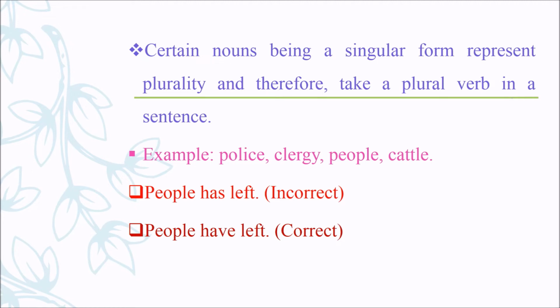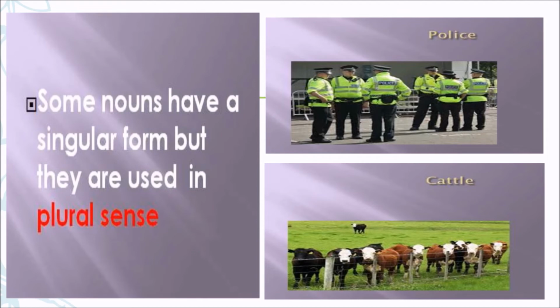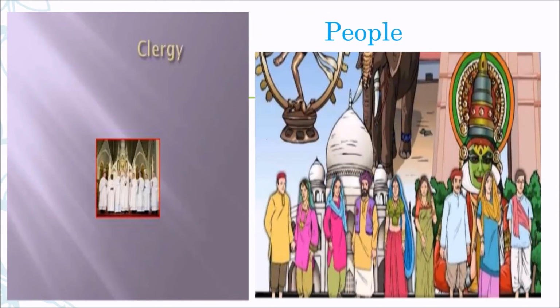Let's see the first sentence. People has left. Is that correct sentence? No. The correct sentence is people have left. Some nouns have a singular form but they are used in plural sense, like police, cattle, clergy, people, etc.